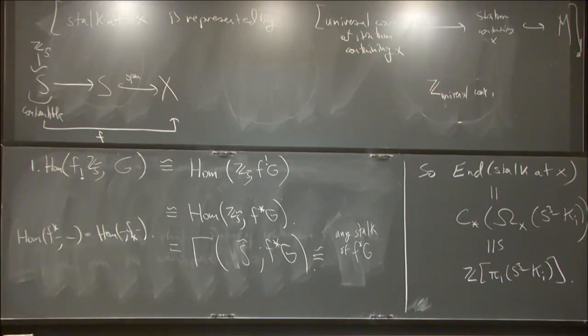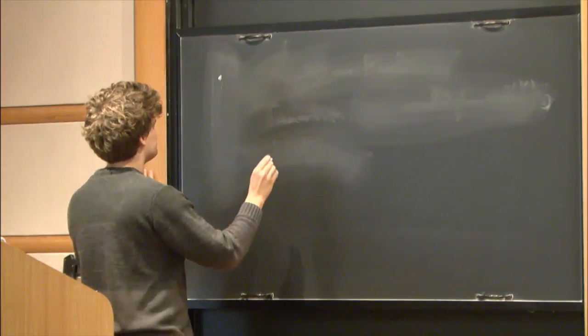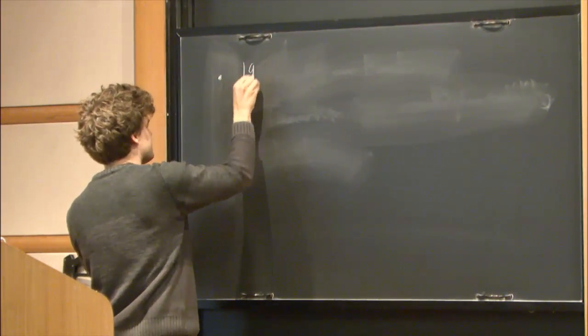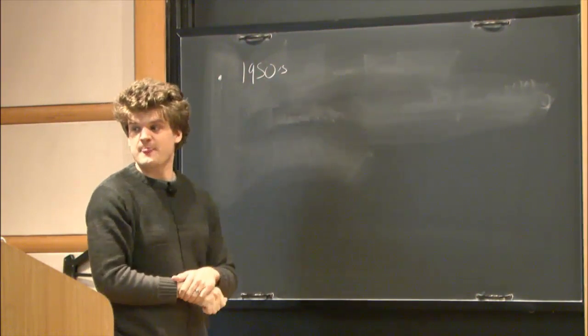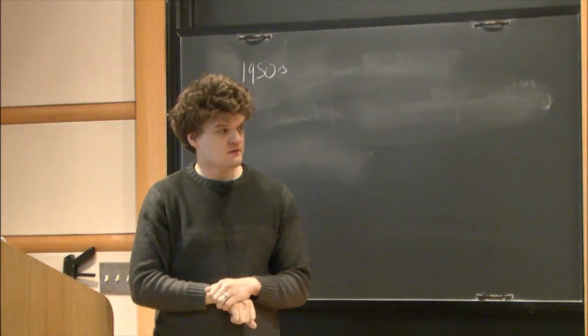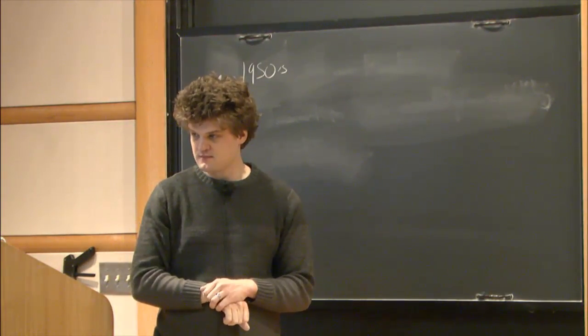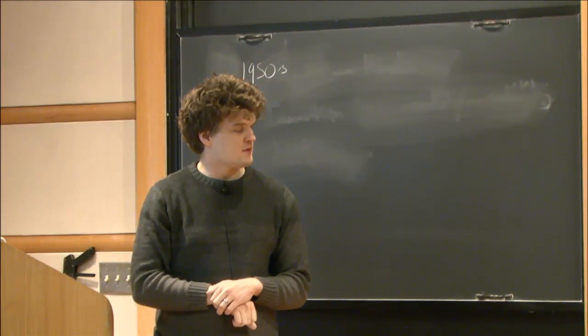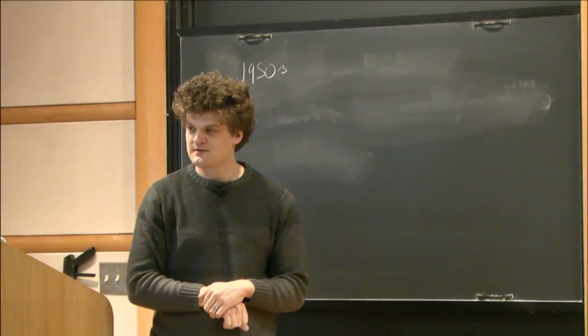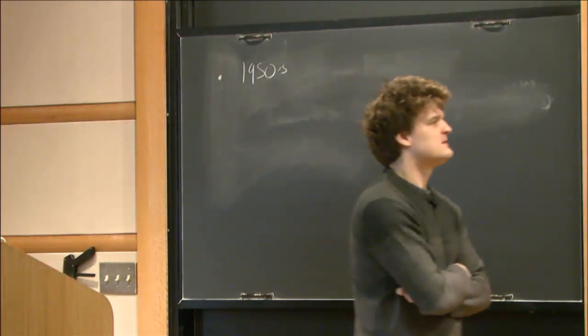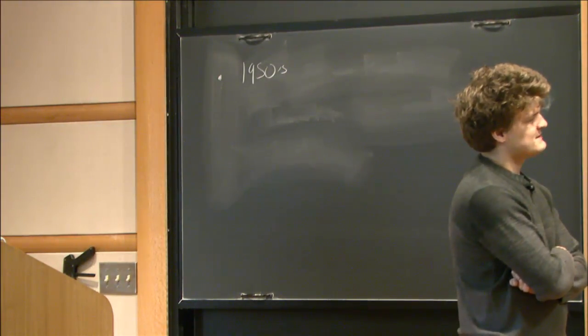Well, the next step is just an appeal to some old theorems. Let's see, I didn't write their names down in my notes. So one of them is a 1950s theorem of algebra. So now we know that it's represented by this object. Now we have to compute the homomorphisms of the object.